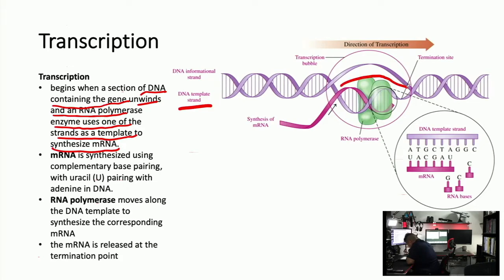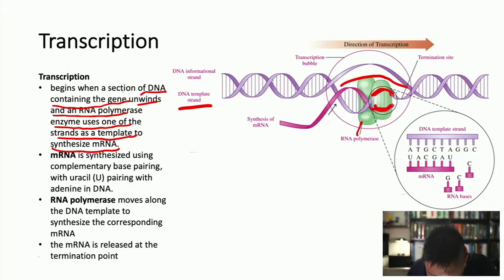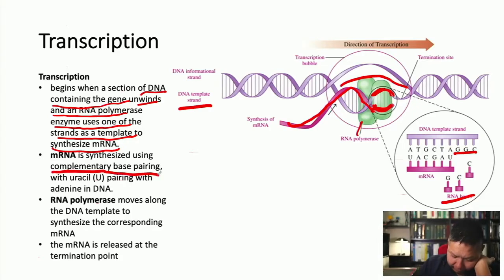And RNA polymerase comes in, starts to read the sequence on the DNA, and after it reads it, it starts to synthesize RNA by reading the sequence and finding its complementary RNA bases. Good stuff. And that's mRNA that it's making. And like I was saying before, it uses complementary base pairing, where it sees a G there, so it's going to bring in a C.